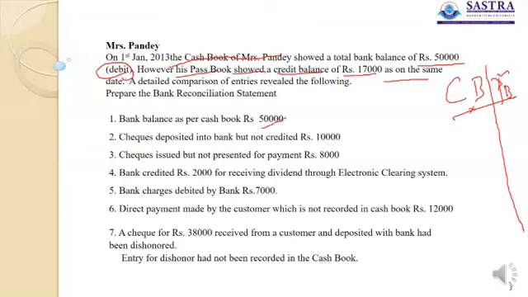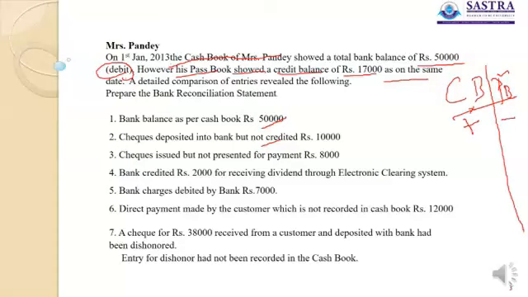Checks deposited into bank but not credited. Checks deposited, being deposited by a trader, might have been entered in the cash book as plus, as a collection or receipt, but not credited by the bank, so it shows the bank balance minus or bank balance less.